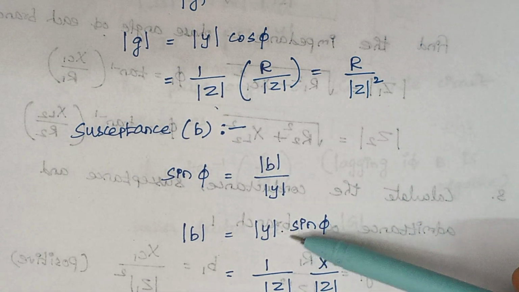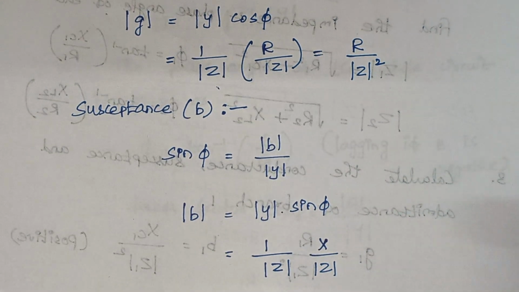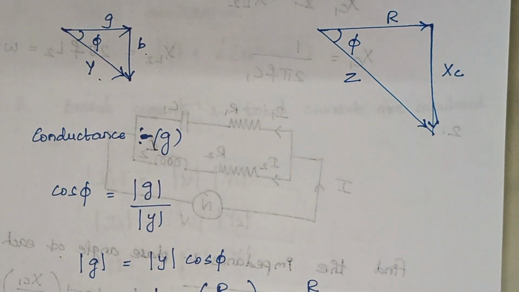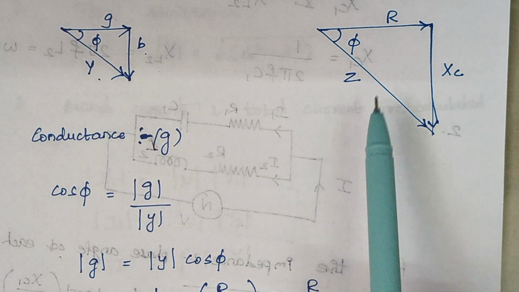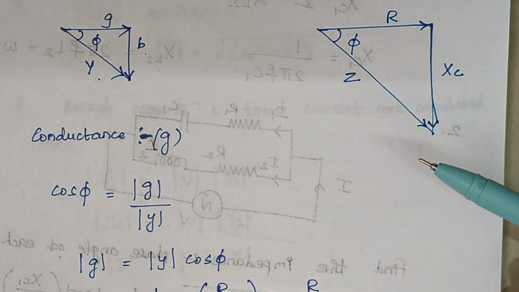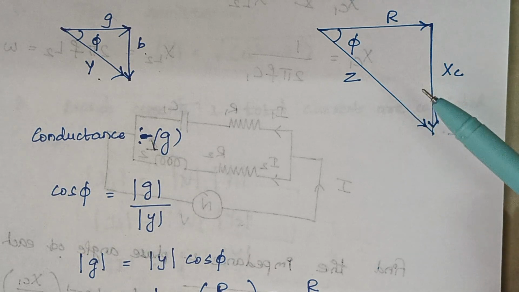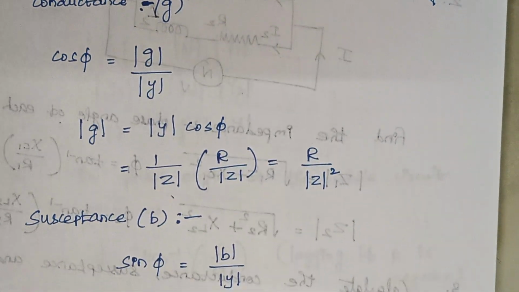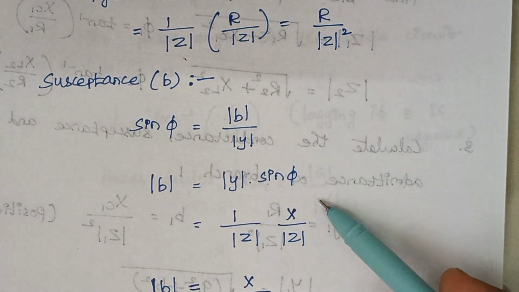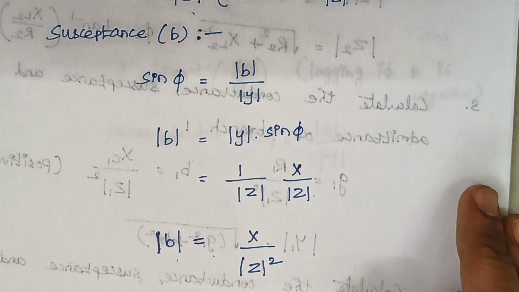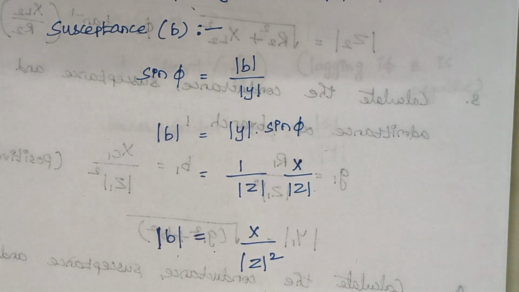So what is meant by Y? Y is nothing but again 1 by Z. And what is your sin phi? Again you have to look at this impedance triangle. So again sin phi is given by X by Z, right. So here it is written as X by Z and finally B is given by X by Z square, right.